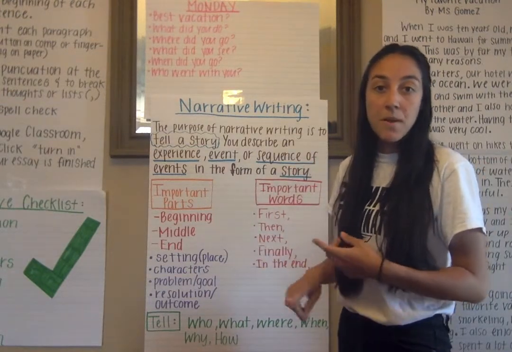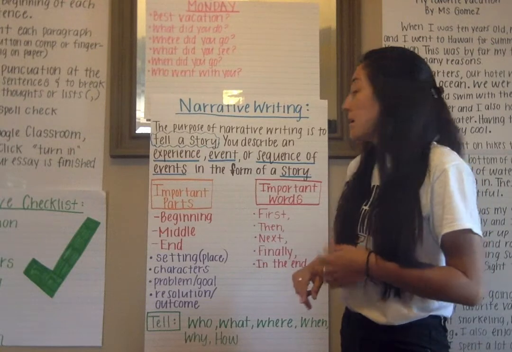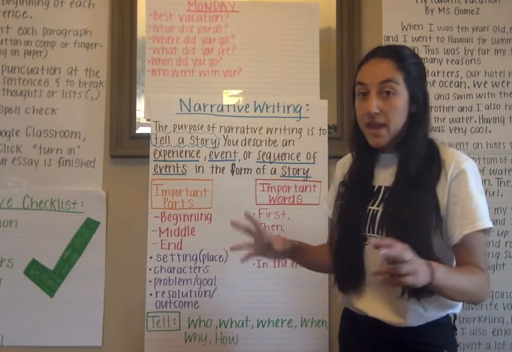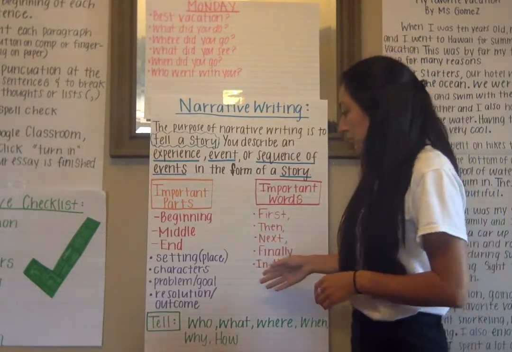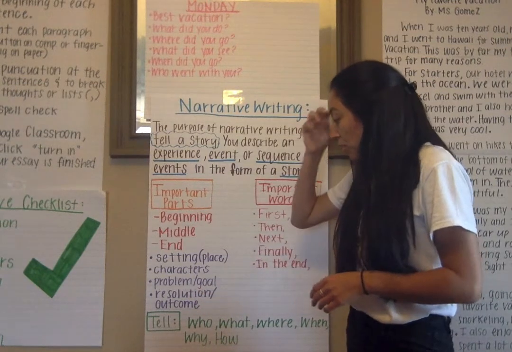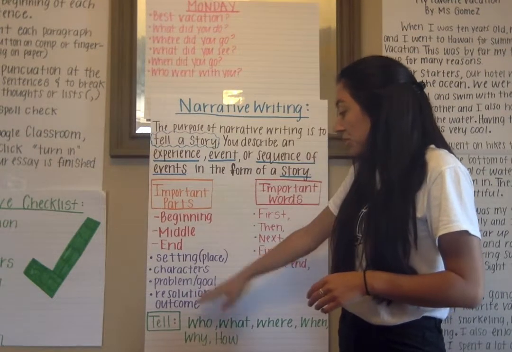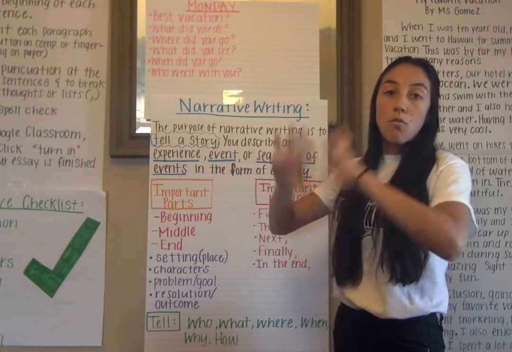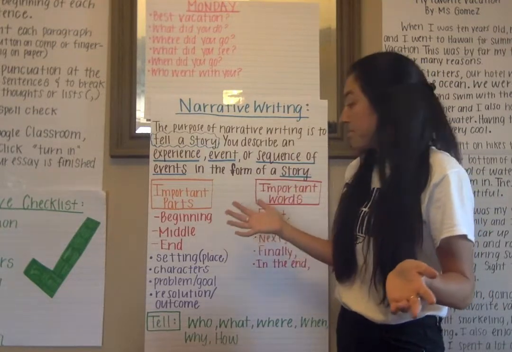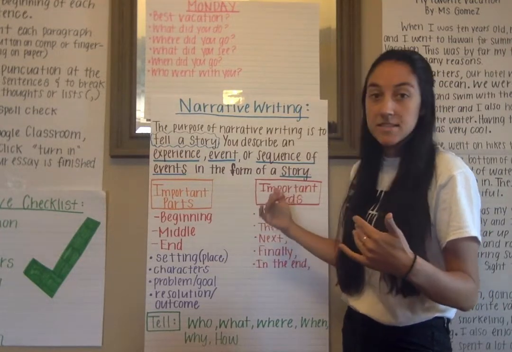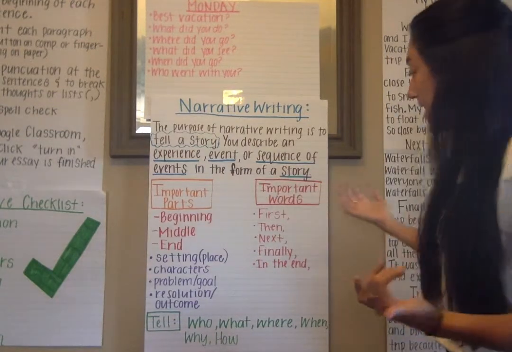That might be your family members, that might be your friends. So you can be a character within your own story. There will be a problem or a goal, and then a resolution or an outcome. So overall, what happened, and you have to tell us the outcome of it, the ending of it.